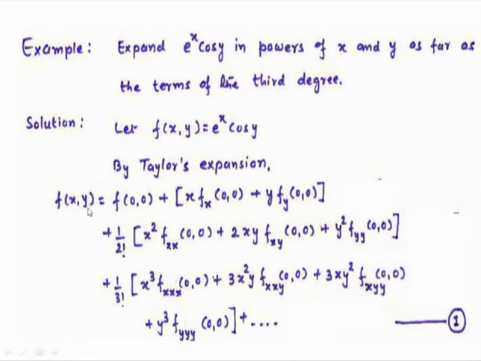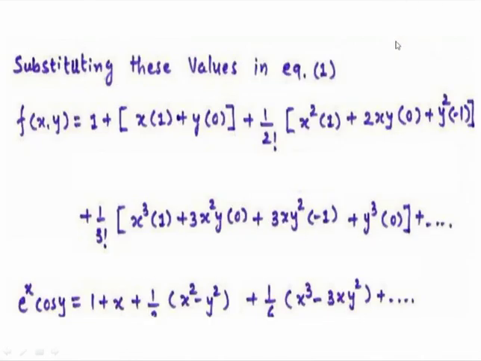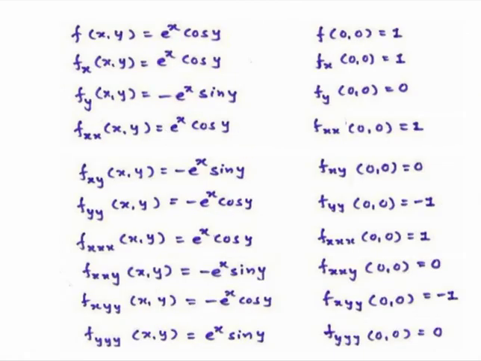So f of (x, y) is e raised to x into cos y. So this is cos, and this value is 1. So ultimately we get e raised to x cos y as 1. Then x into the partial derivative of f with respect to x at (0, 0) is 1. See, this fx at (0, 0) is 1.